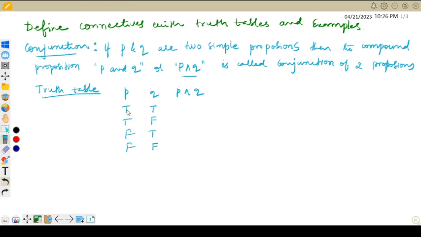You can also use 1 for true and 0 for false. Now whenever both propositions are true, the answer is true. In the remaining cases it is false.